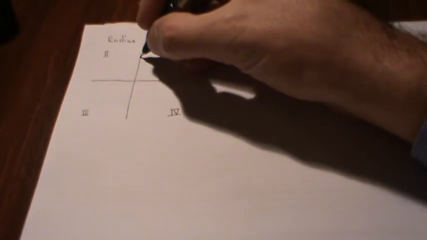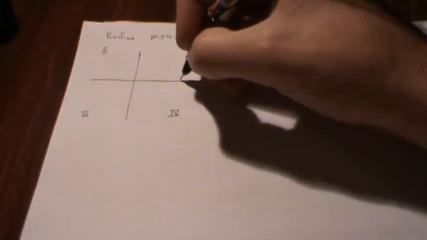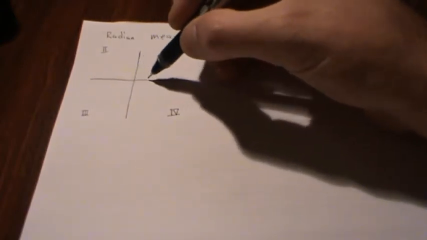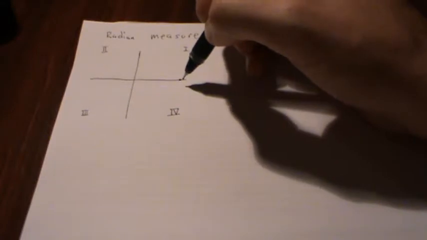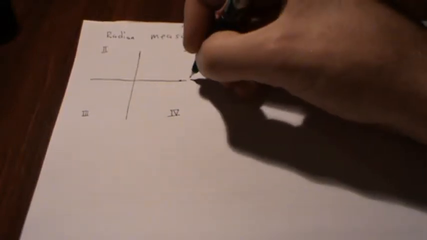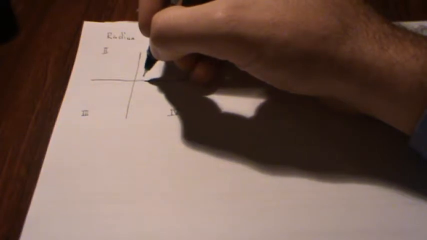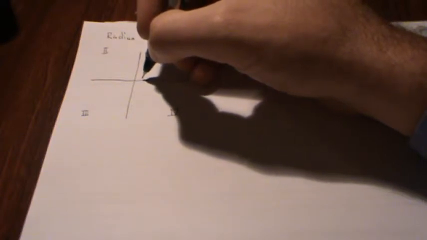So for this chapter, we're going to start our angles right here on the eastern axis, or the positive x-axis. Anytime we discuss an angle, it will be based from here.